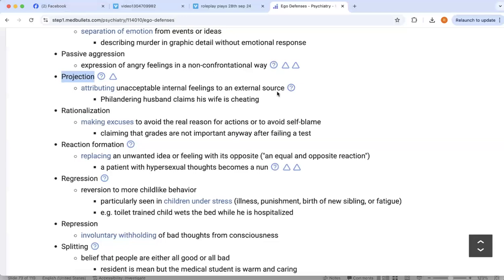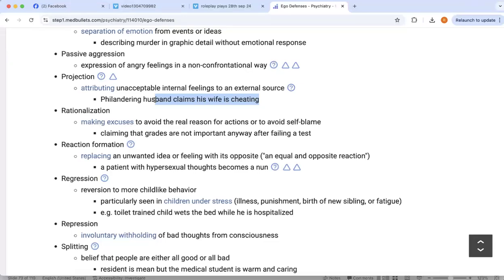Like a husband who is cheating accuses his wife, saying you are cheating on me. So a philandering husband claims his wife is cheating, but actually he is the one who is cheating. That's called projection. Projection means projecting your unacceptable feeling onto someone innocent.